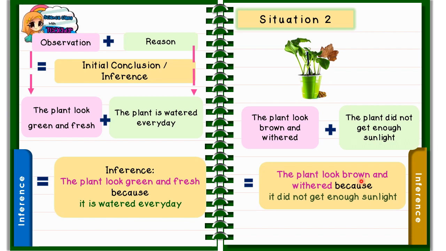The plant looked brown and withered is our observation. We add on because in the middle, and it did not get enough sunlight is our reason. So, we have our inference here.